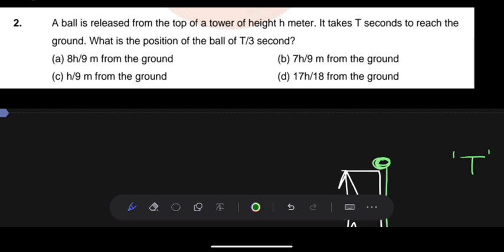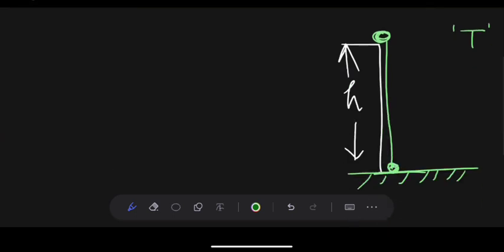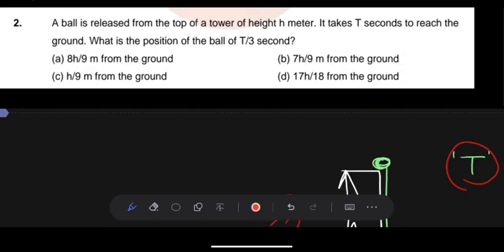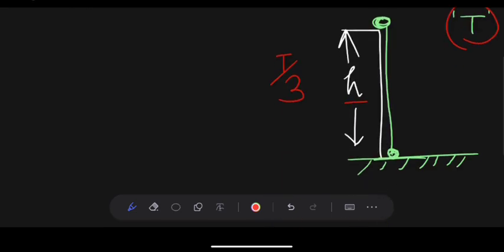Now the question asks, what is the position of the ball at t by 3 second? If in t second the ball covers h distance, then in t by 3 second, what fraction of h would the ball cover from the ground?